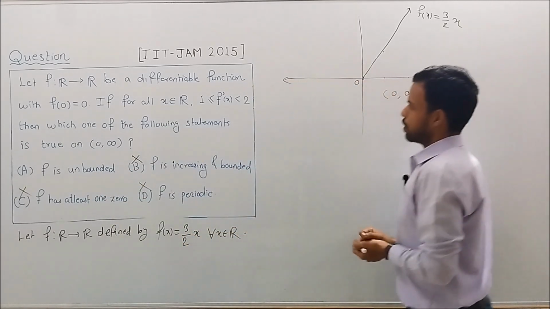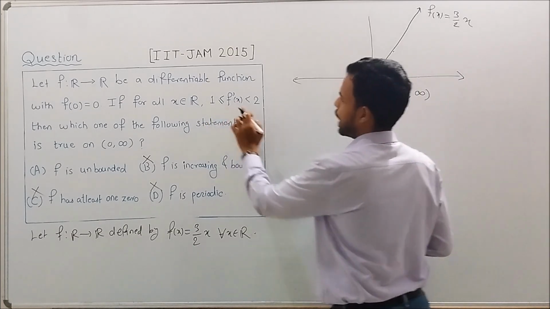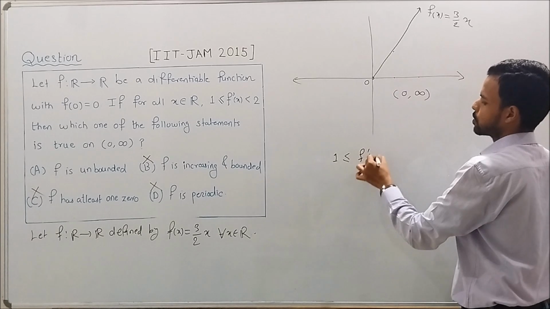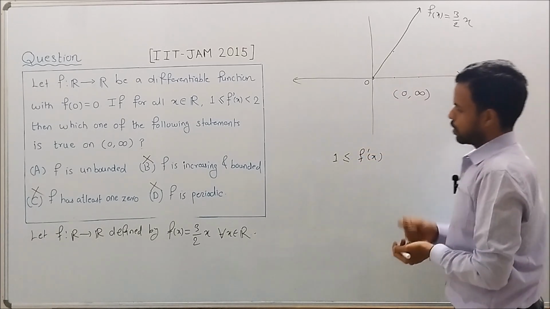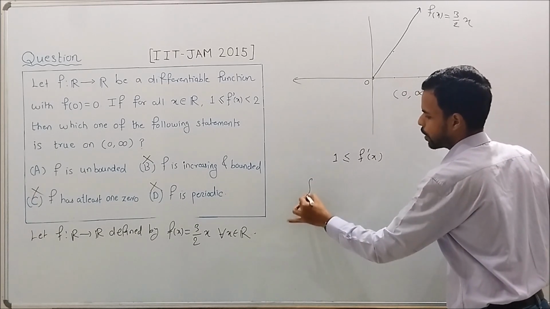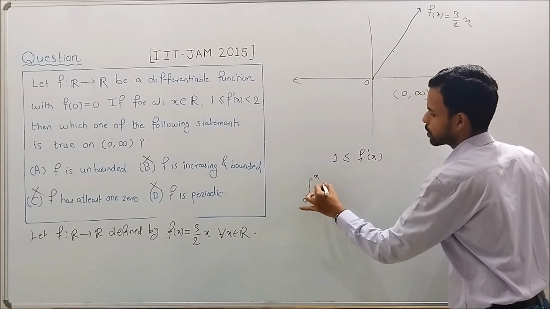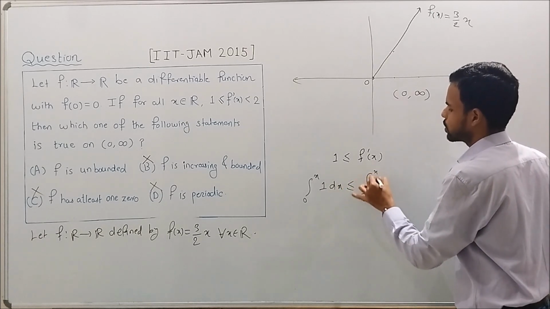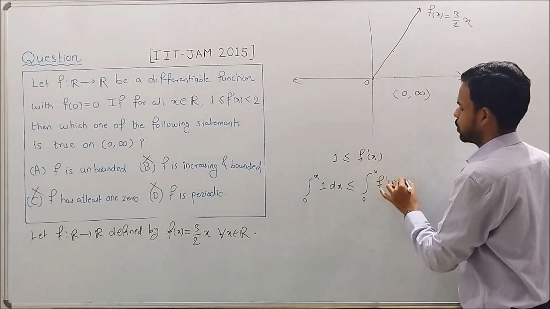What is given: 1 is less than or equal to f dash of x. So integrating on both sides from 0 to x, we get the integration from 0 to x of 1 dx is less than or equal to the integration from 0 to x of f dash of x dx.